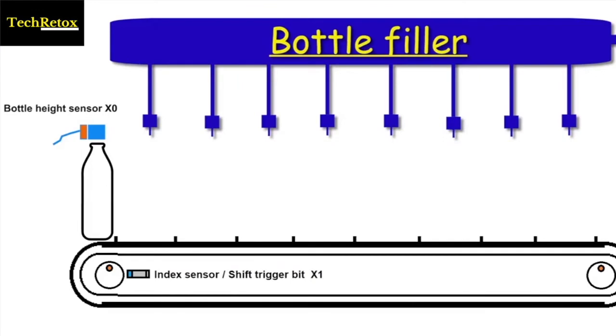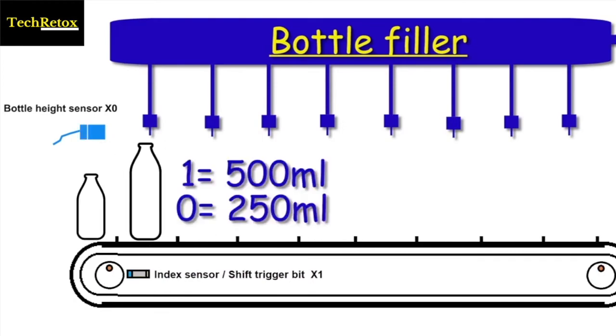Next thing is the bottle height sensor, which is either on or off. It detects a 500 ml bottle as it turns on and gives 1. For a small 250 ml bottle, it remains off and gives 0 data.